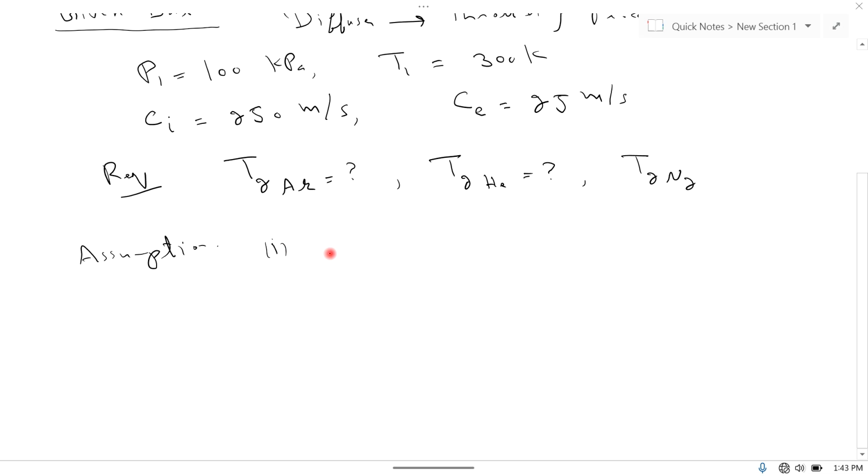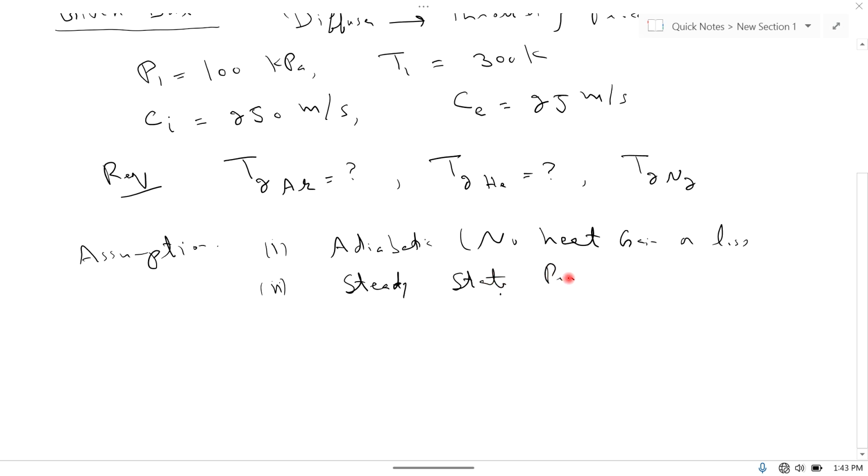Number 1, the process is adiabatic, no heat gain or loss. Number 2, steady state process. And number 3, potential energy is negligible.